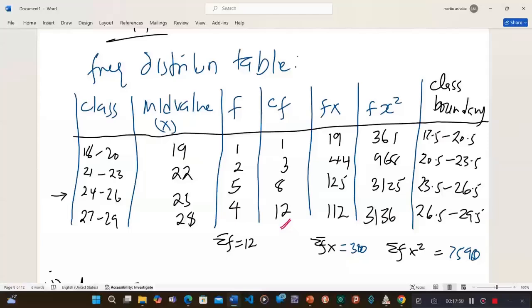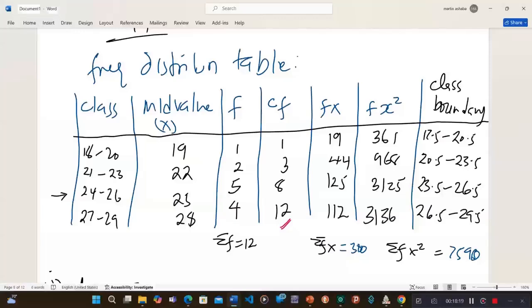If it is to 2 decimal places, then the value you add here and subtract here would change. But here we have 0 decimal places, and therefore it will be 0.5. So I subtract it here, I will get 17.5, 20.5, 20.5, 23.5, 23.5, 26.5, up to 29.5.